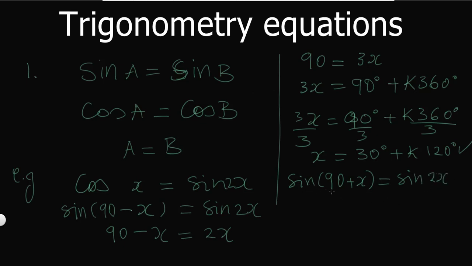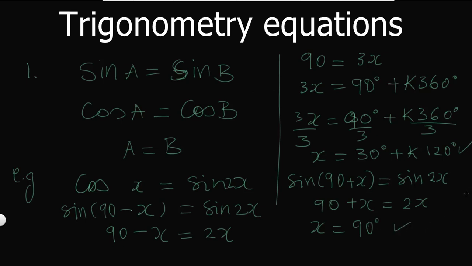Now what is going to happen? Because it is sine, we have 90 plus x equal to 2x. When you transpose x to this side, it will be 2x minus x, so x is equal to 90 degrees.